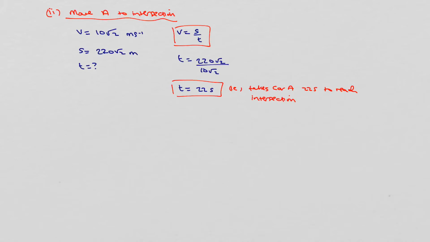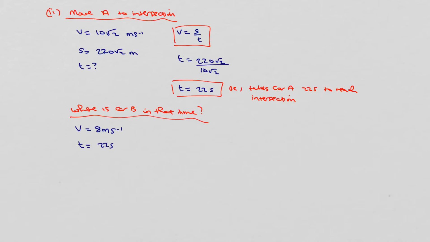Okay, so now we need to know what has happened to car B. Where is car B in that time? In 22 seconds, how far has car B moved towards the intersection, or has it even gone past the intersection? We know car B is moving west at a speed of 8 meters per second.